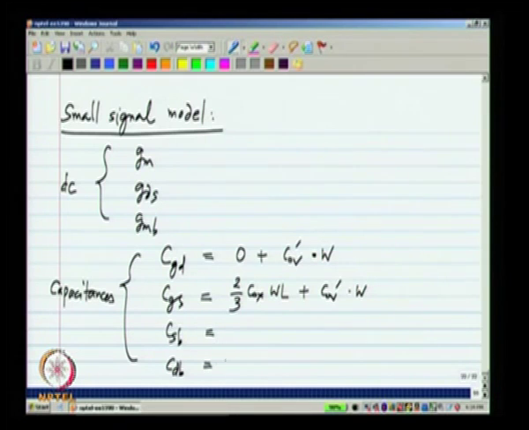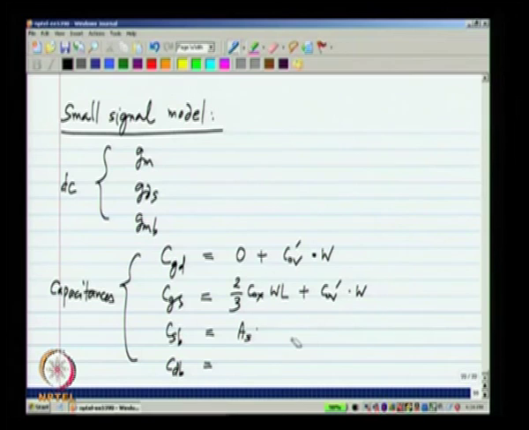CSB and CDB are junction capacitances and largely independent of the region of operation of the MOS transistor. We will of course assume that these junctions are reverse biased, otherwise these capacitances will be very different. CSB is the area of the source junction times the source junction capacitance.